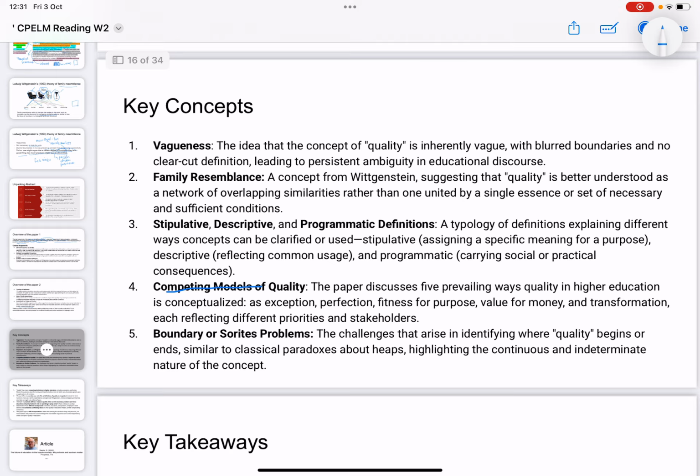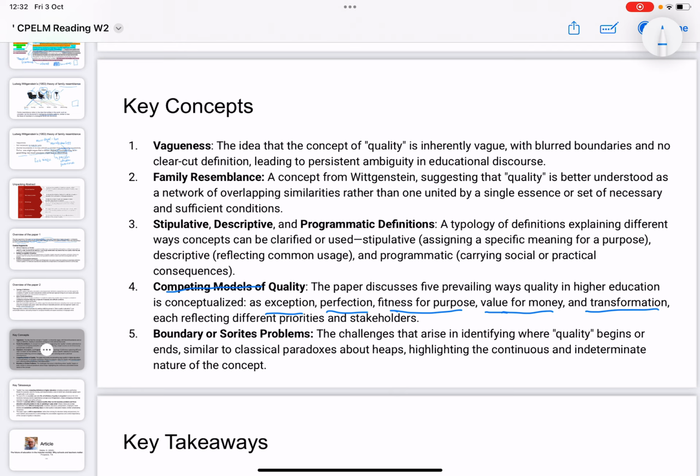So some key concepts for you to work with: vagueness, family resemblance, stipulative, descriptive, and pragmatic. There's different models of quality, and I think this is really important. I think most of you, when you become leaders one day, you will also engage with the whole idea of quality, because people are going to employ you because of your background, your experience, or where you did your masters.